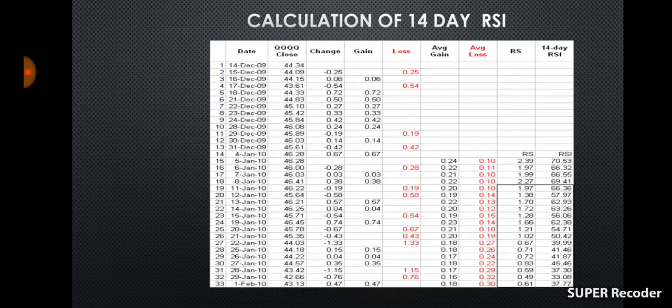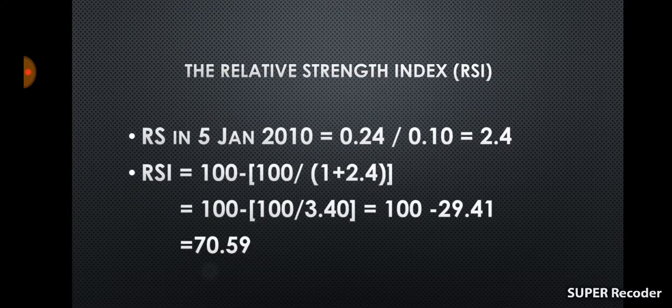For calculating the relative strength, the equation is average gain per day divided by average loss per day. So the 5th January's relative strength is 0.24 divided by 0.10, which is equal to 2.4. Then the relative strength index can be calculated by applying the equation 100 minus 100 divided by 1 plus 2.4, that is RS.